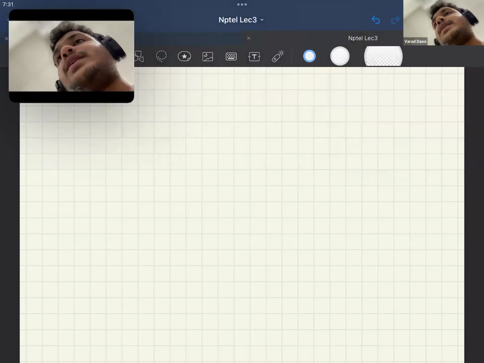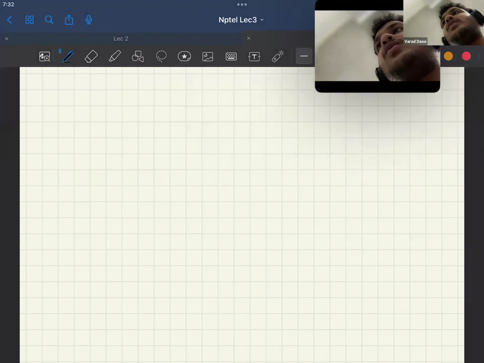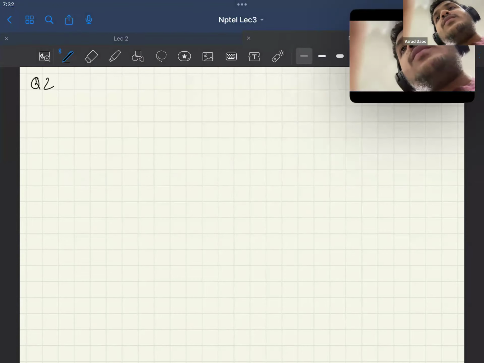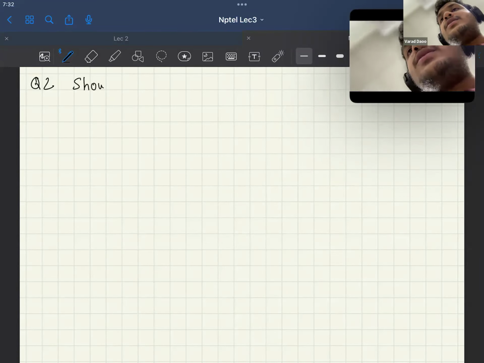Using black, so we'll use the black one. So question two. Now what is asked is to show that x, let's say x is some property.